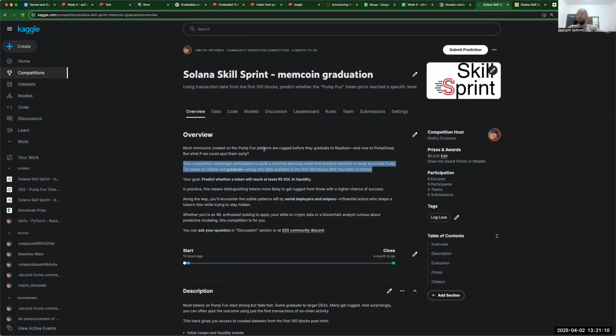All we know is that some of the pump fun tokens graduate. There is a mechanic where, when there is enough liquidity, the pool is depleted and they create a new pool, before that on Raydium, now PumpSwap. Basically, if the token has enough liquidity, it is migrated to another pool for bigger tokens with lower commission.